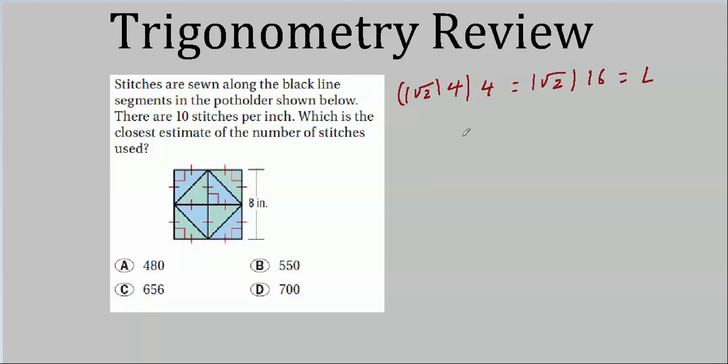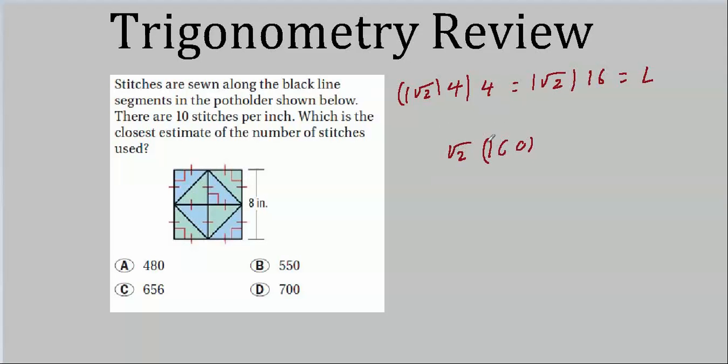Well, it's going to be 10 times the number of inches, and this is in inches. So that's going to be root 2 times 160, because that's 16 times 10. 10 stitches per inch. That's the number of stitches. What's the square root of 2? It's about 1.41. So this is going to be close to 240 the way I did it.